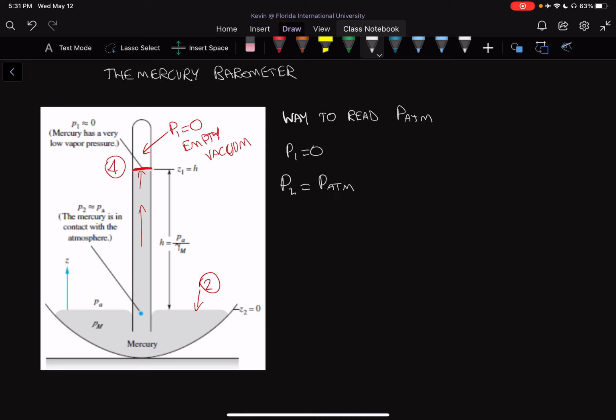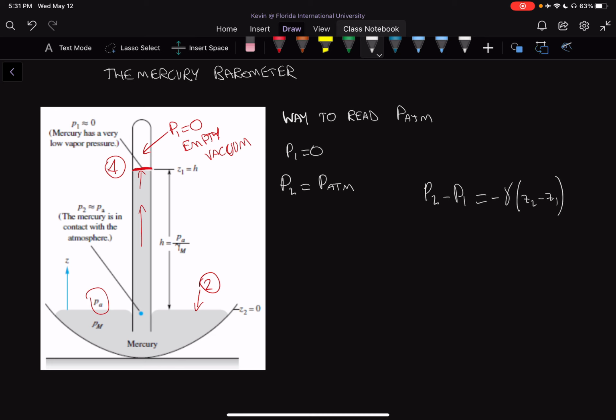It's directly connected to the atmosphere, and we're told in the little diagram that we have atmospheric pressure. Now we need to figure out what the pressure is from the mercury. We can use the same equation: P2 minus P1 is equal to minus gamma times Z2 minus Z1.